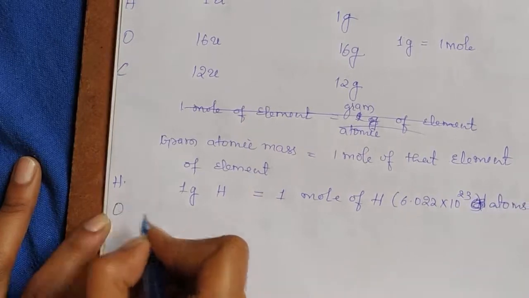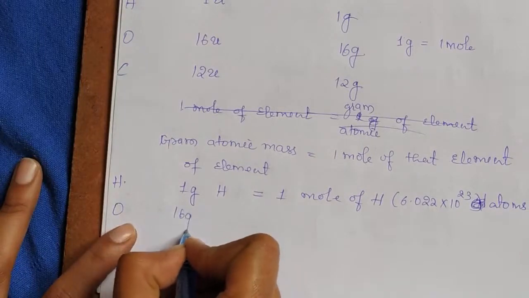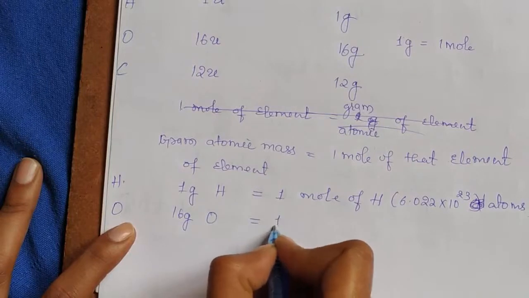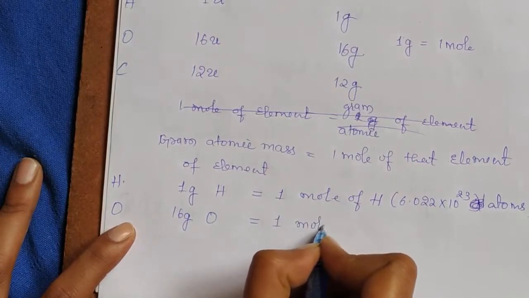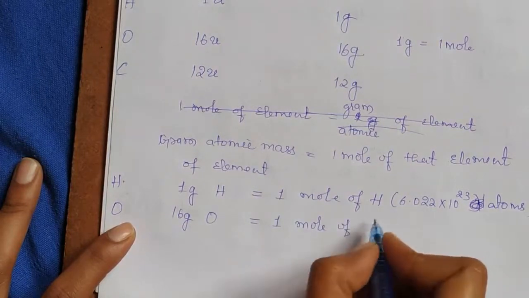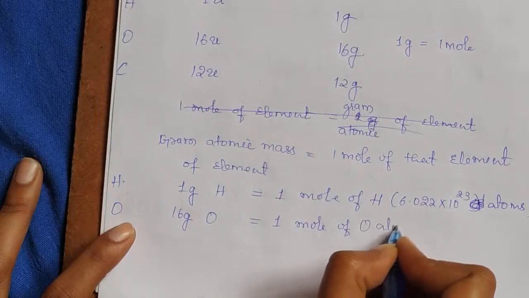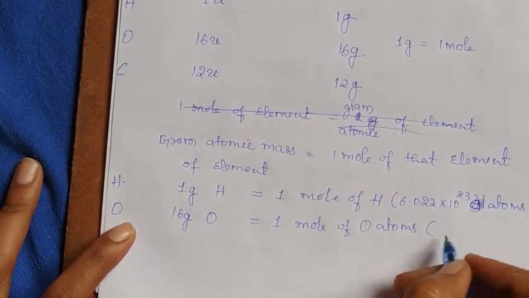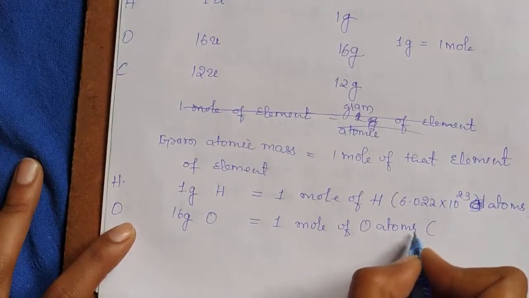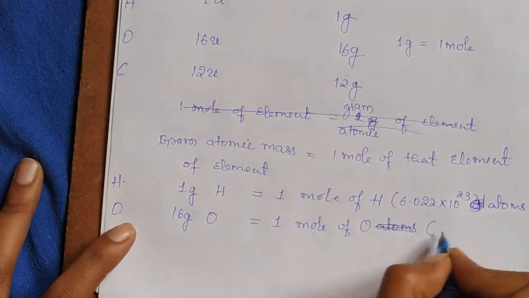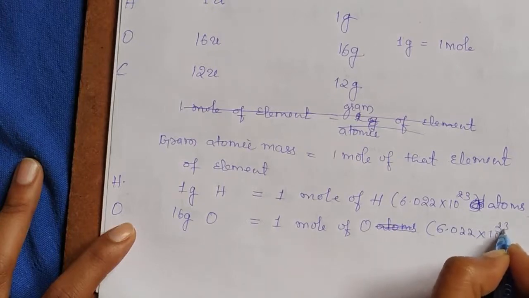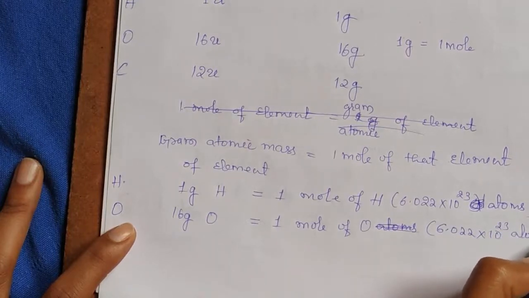Similarly, if you take oxygen, 16 grams of oxygen is equal to 1 mole of oxygen atoms. 1 mole of oxygen is having 6.022 into 10 raised to 23 atoms of oxygen.